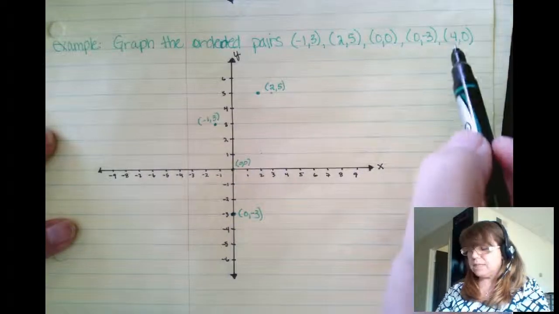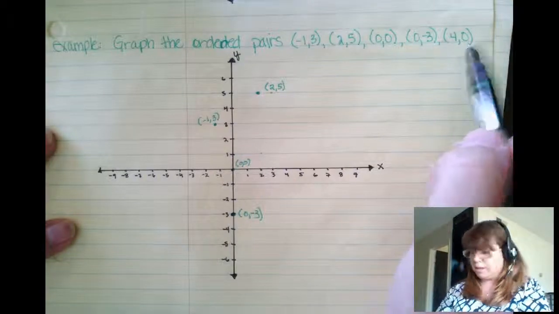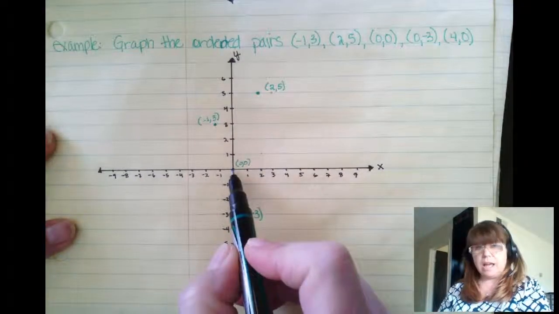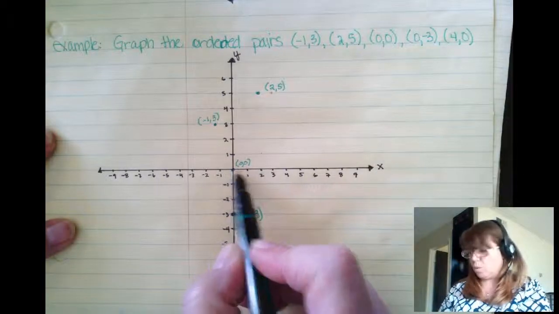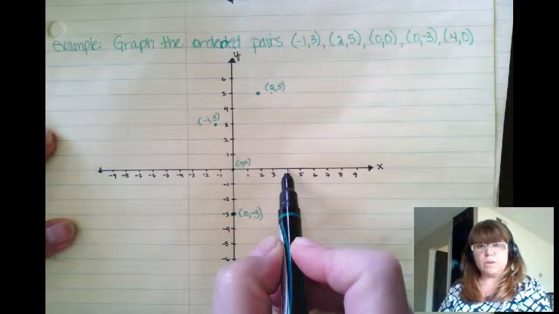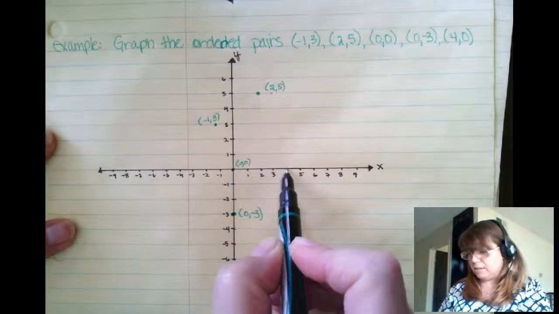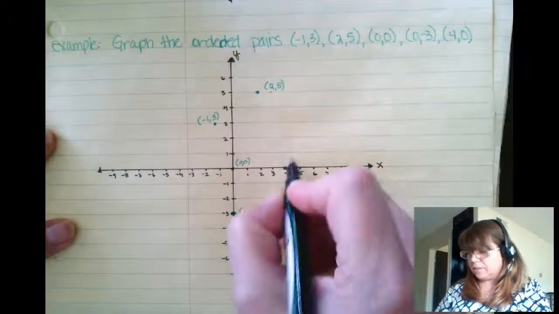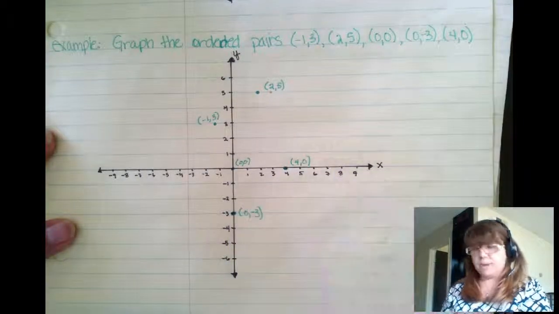My last point is (4, 0). Starting at the origin, I move in the positive direction 4. 1, 2, 3, 4. But y is 0, so I don't move up or down any. So that is my point, (4, 0).